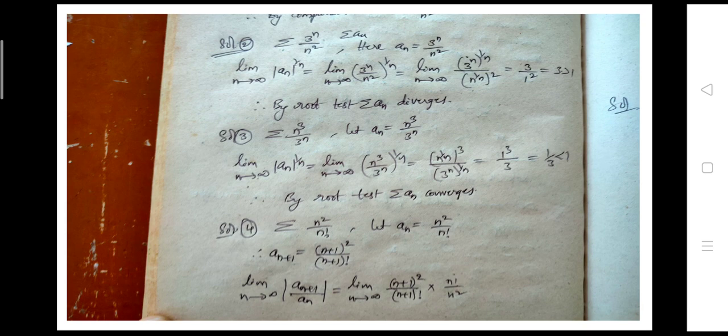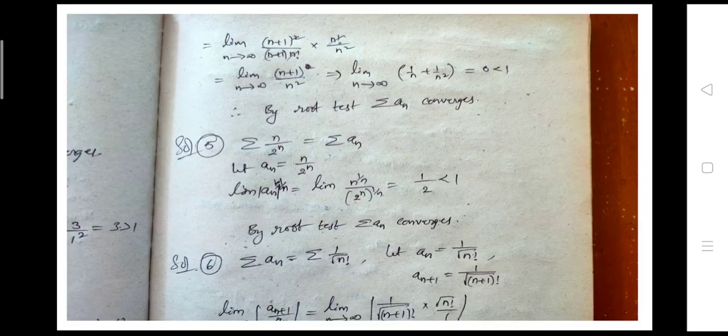Now simplifying, n plus 1 gets cancelled, and we have only (n plus 1) by n square. So limit n tends to infinity of (1 by n plus 1 by n square) is equal to 0, which is less than 1. Less than 1 means sigma a_n converges.